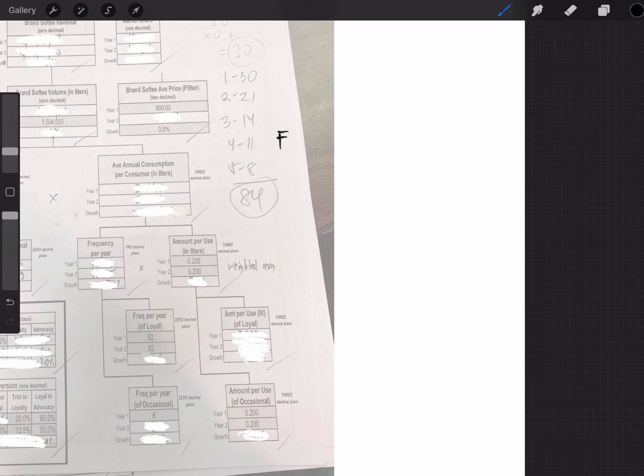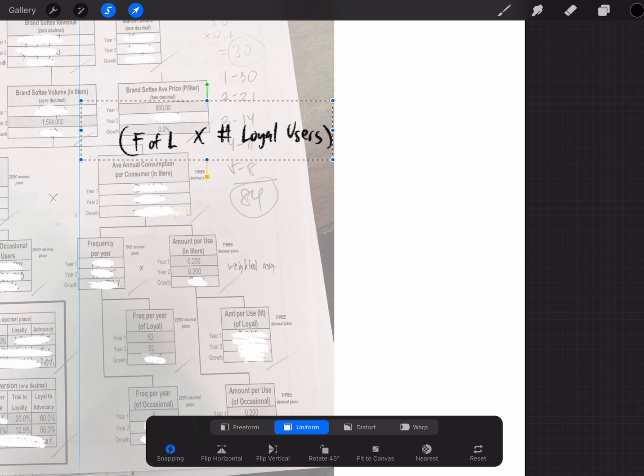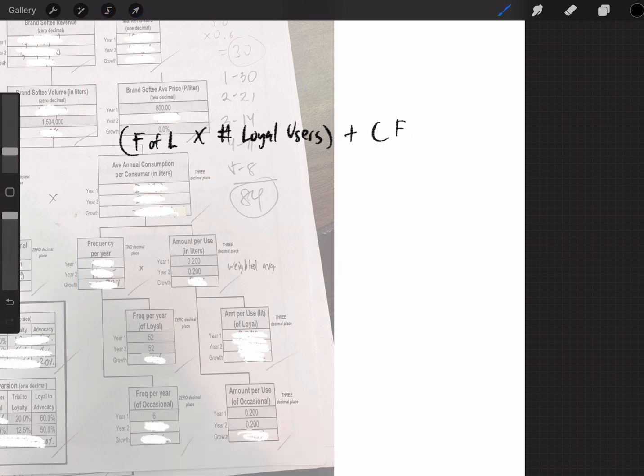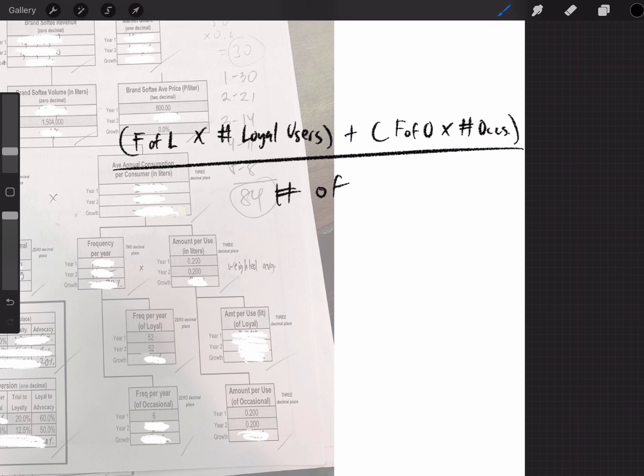Frequency of loyal times the number of loyal users, and we're going to add that to the frequency of occasional users times the number of occasional users, all divided by the total number of users.